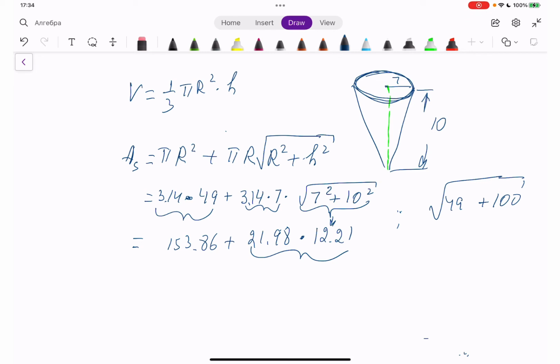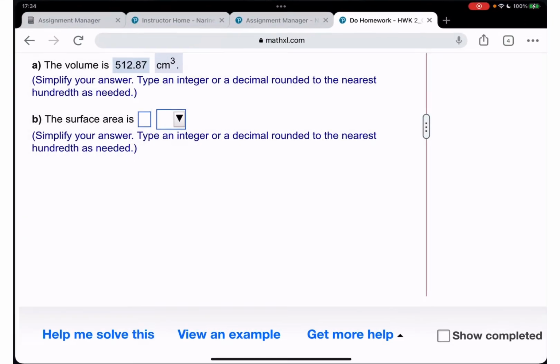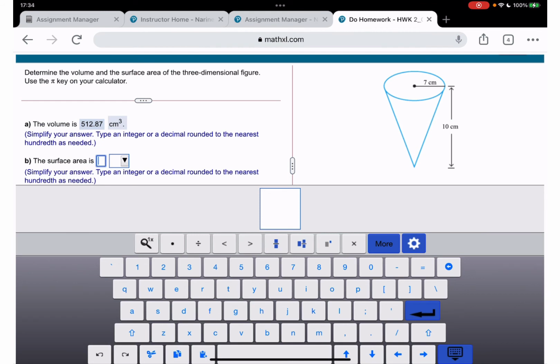So this is going to be 268.3 plus 153.86, and the answer is going to be 422.16. Okay. 422.16, and here is gonna be centimeter square because it's not a volume, it's an area.